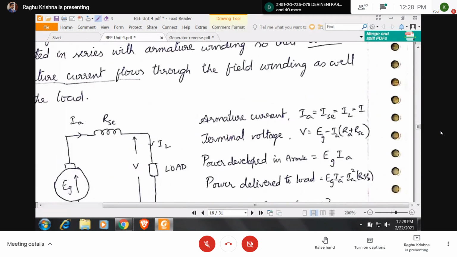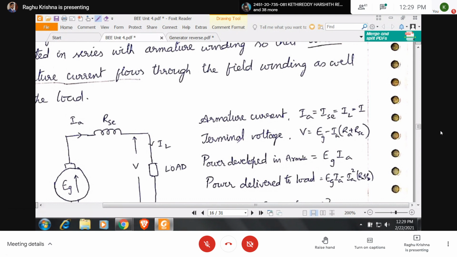Next, terminal voltage. Terminal voltage V is equal to generator voltage minus IA into RA plus RSC. The armature winding will have some resistance, and RA plus RSC is the series field winding resistance.